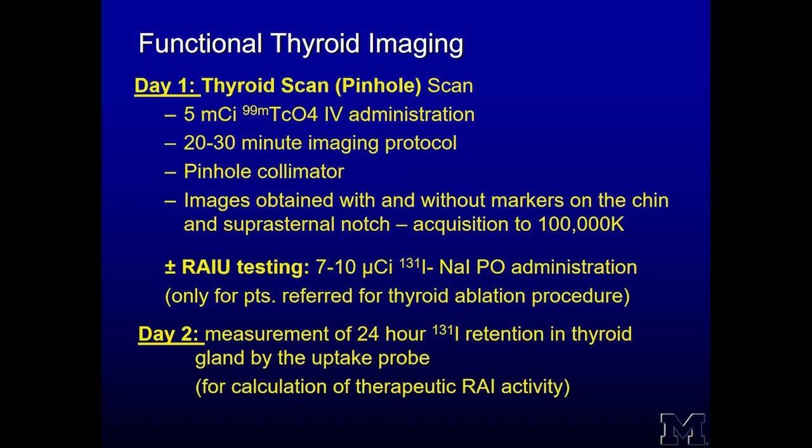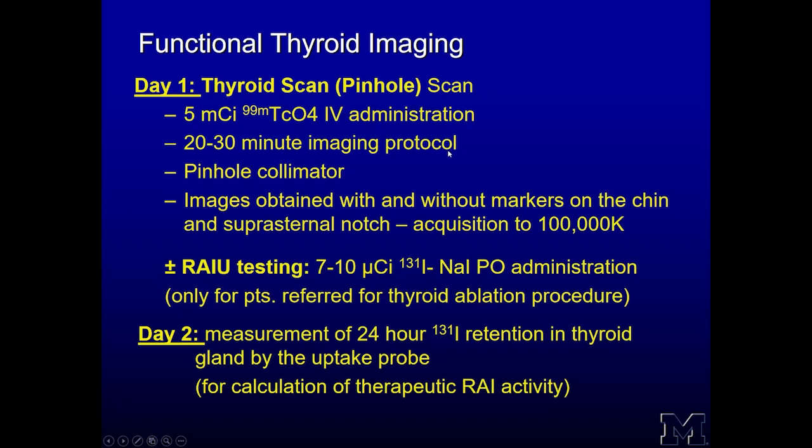So, functional thyroid imaging. The thyroid scan with pinhole is done on the first day with intravenous injection of 5 millicurie technetium pertechnetate. This is a 20 to 30 minute imaging protocol.